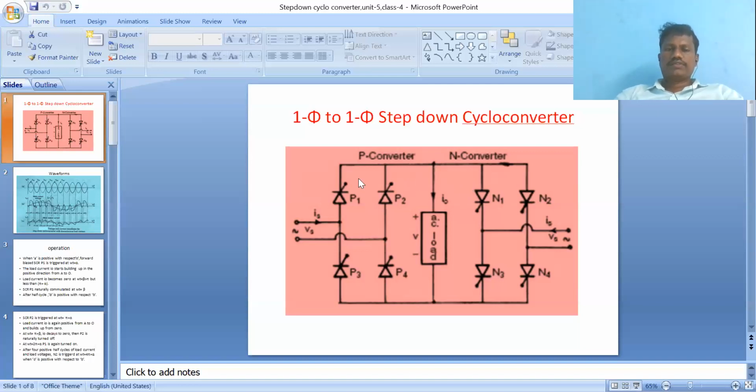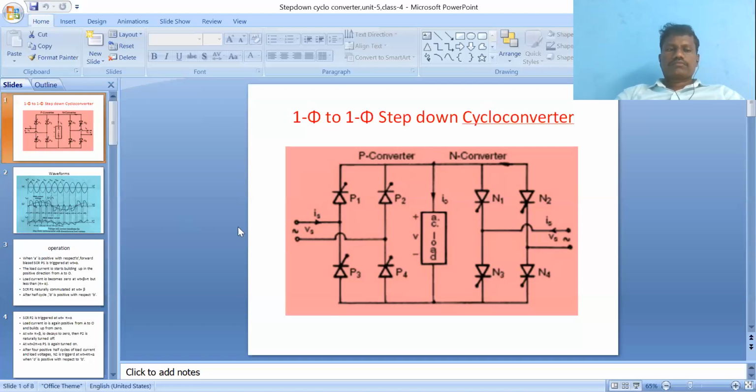This circuit diagram is preferred only for the cycloconverter. So it is a bridge configuration. Remember, two full converters can be connected anti-parallel, full converter one and another full converter. I have taken an RL load, that is, an inductive load.